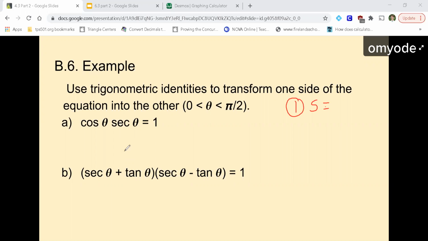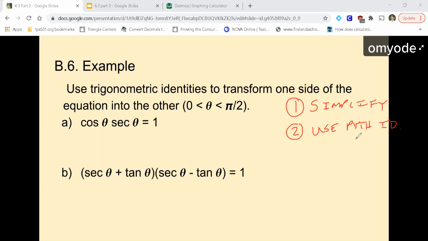First is you want to simplify your problems as much as you can. Second is you want to use your Pythagorean identities if you can. That's the first thing I always look for. Can I use a Pythagorean identity?